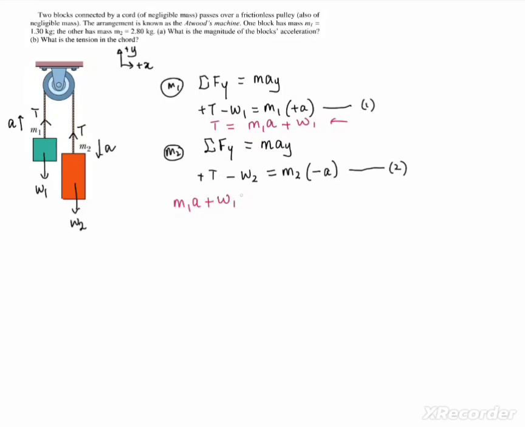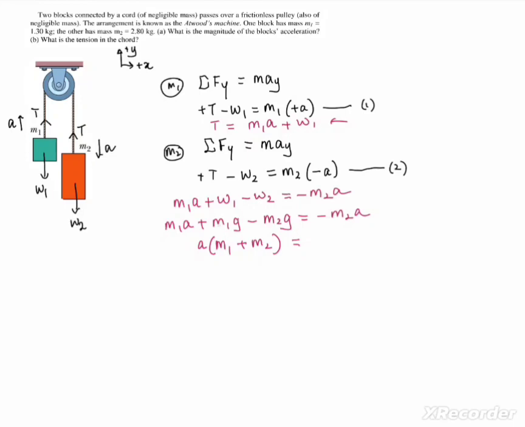Now we have minus W2 equals minus M2A. W is weight, which is mg, so this is m1g, and W2 is m2g, and we have m2 times A.